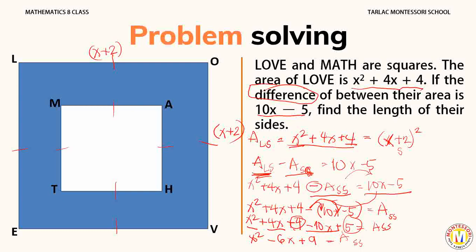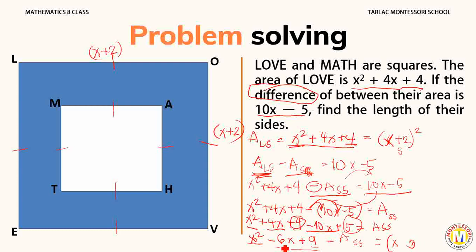Now, evaluating the area of the smaller square, you can observe here that this is a perfect square trinomial. The first term is a square number, the last term is a square number, and the middle term complies with the 2ab rule. So that means it's also factorable by perfect square trinomial. If we extract the square root of the first term, we will have x. The square root of the last term, we will have 3.